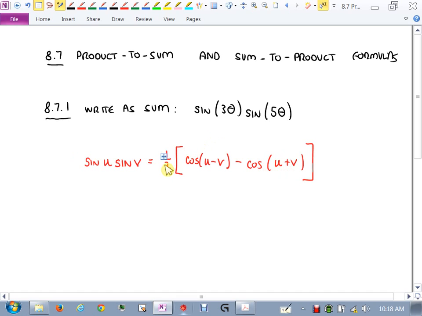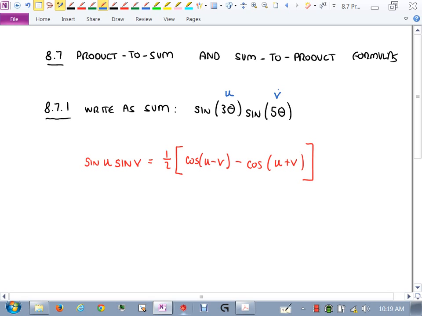So I have to match the right formula because there's 4 of them. The one I'm looking at is the one where I have sine times sine. If this were sine and cosine, I would use a different formula. So what's U for me in this problem? U is 3 theta. V for me is 5 theta. Now I could switch it because in multiplication the order doesn't matter, but let's just stick with U being the one on the left, V the one on the right.